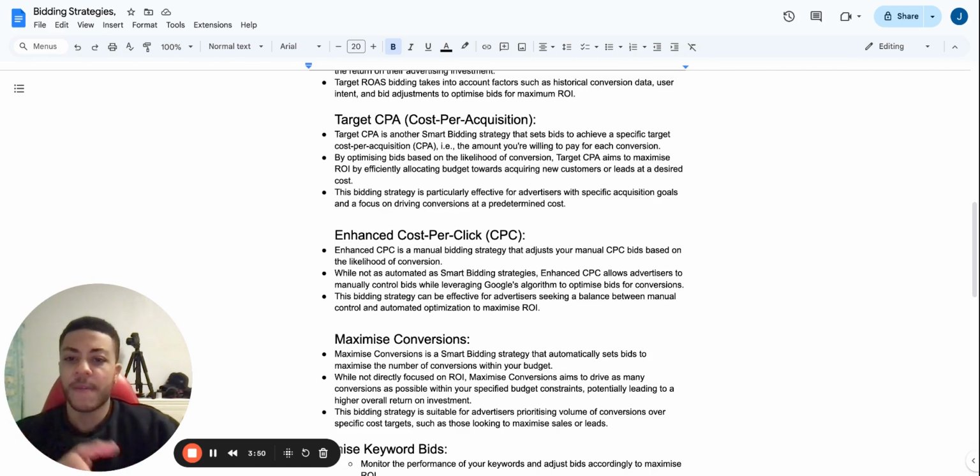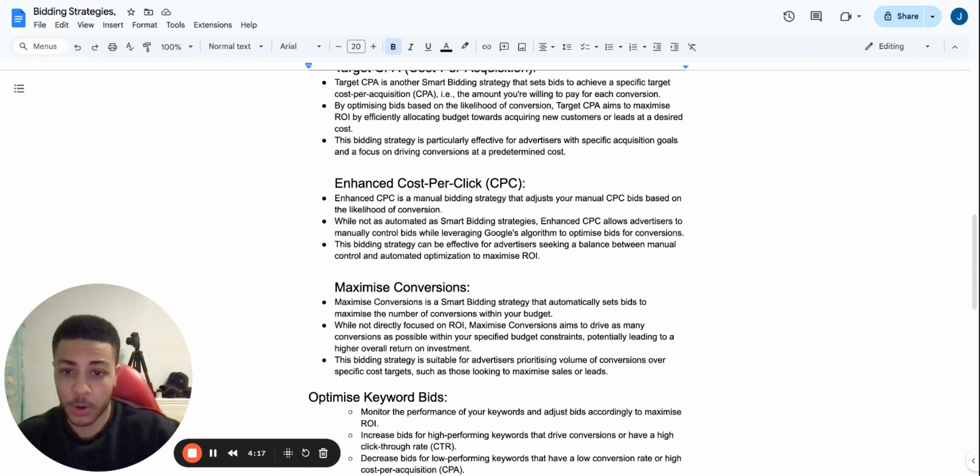This is you if you are more versed in Google Ads and you don't want to rely on Google's automated bidding strategies, because say you are a very good marketer within Google Ads and you trust yourself more than you trust Google's automation and machine learning, which makes sense. Also, it does help quite a bit. This bidding strategy can be effective for advertisers seeking a balance between manual control and automated optimization to maximize ROI.